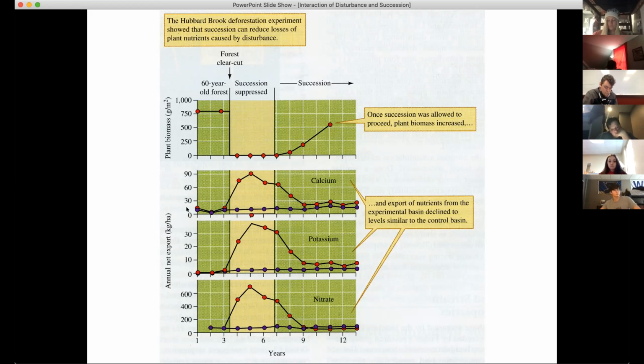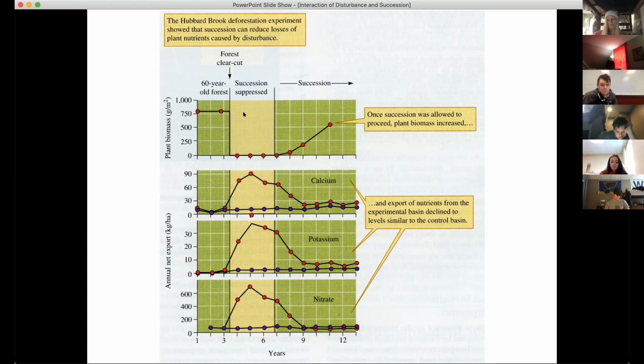But as soon as you do this cut, the cut watershed, which is the red icons, has a lot of loss of calcium, loss of potassium, and loss of nitrate leaving the ecosystem through stream flow, presumably because those ecosystems aren't able to retain those nutrients because there are no plants growing on the landscape.